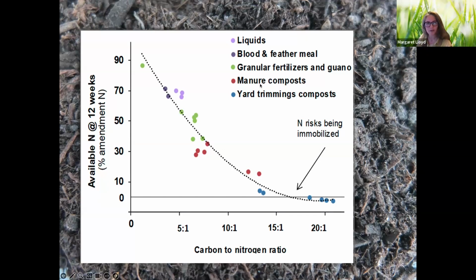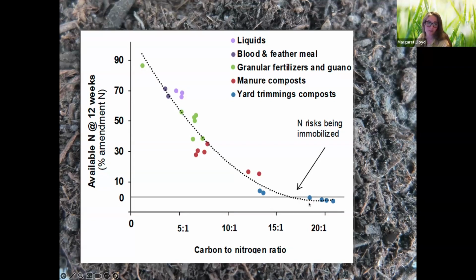And so the manure composts are these red dots, and the yard trimmings composts are these blue dots. And this is the 0 line. So again, we have on the vertical axis the available nitrogen at 12 weeks, and on the horizontal x-axis we have the C to N ratio.